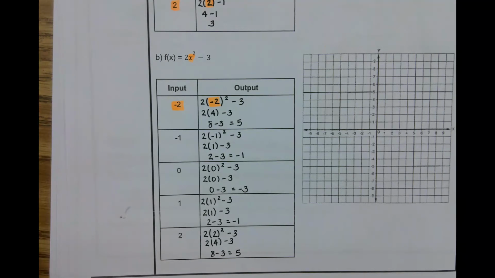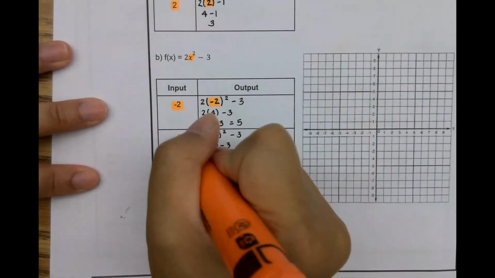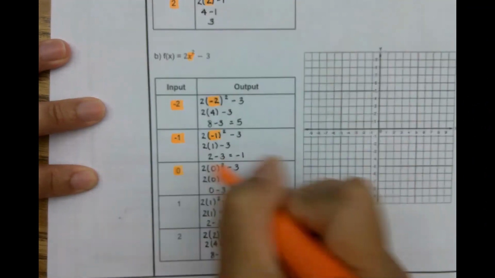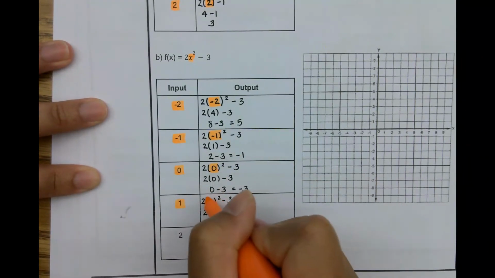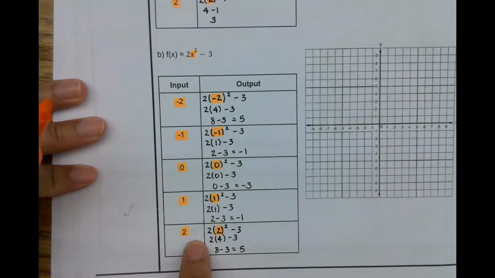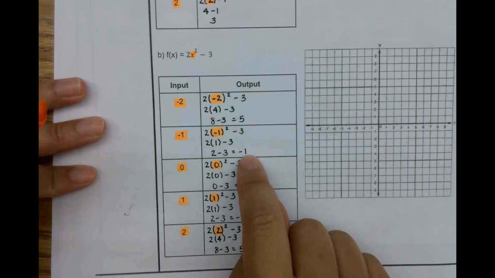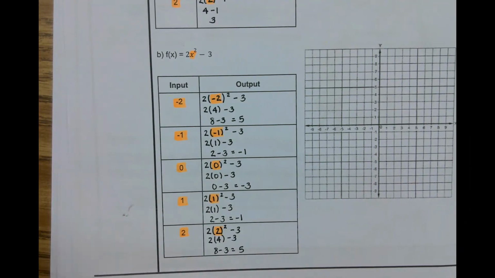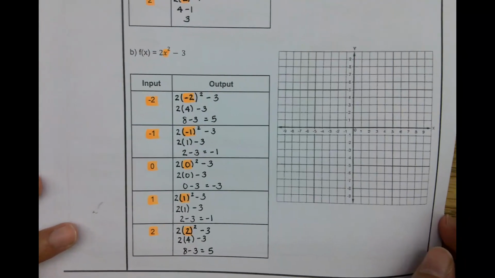So all I did, right, is I took these input values and replaced x with them. Okay. So these are my x values. When I evaluated the function, that gave me the y values. So all I have to do is graph it now.